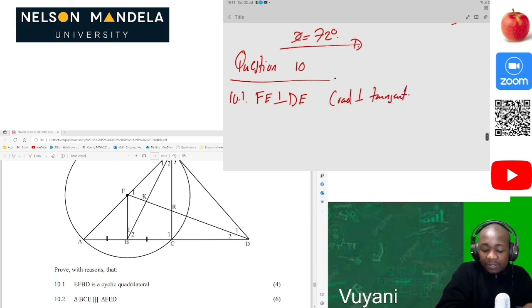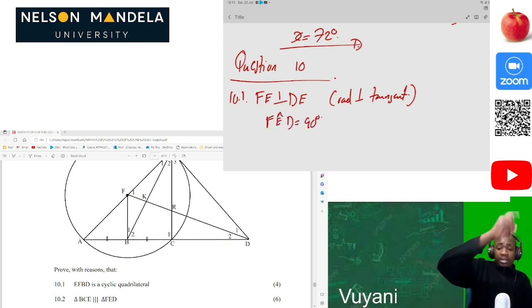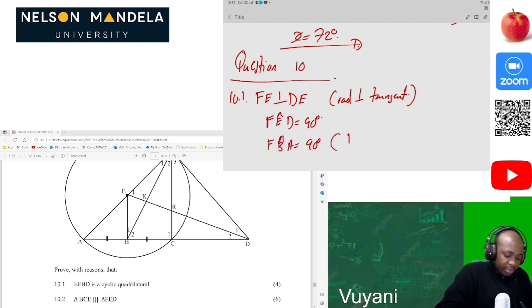If that's the case, then angle FED is equal to 90 degrees, because perpendicular lines form a 90 degree angle. Then also angle FBA is equal to 90 degrees, because a line from the center bisects the chord.